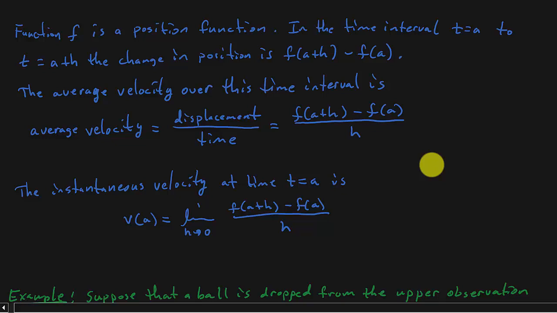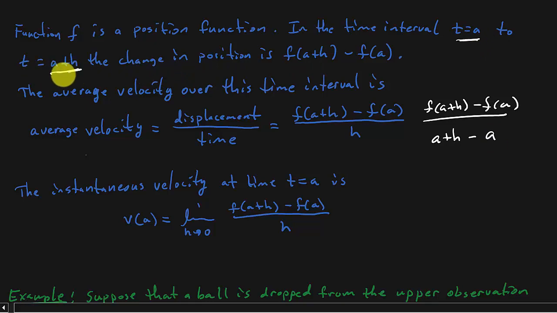The average velocity over this time interval is equal to displacement over time. So that's f of a plus h minus f of a over h. Really what you're doing here is f of a plus h minus f of a over a plus h minus a. You see your two times right here, the a and the a plus h.